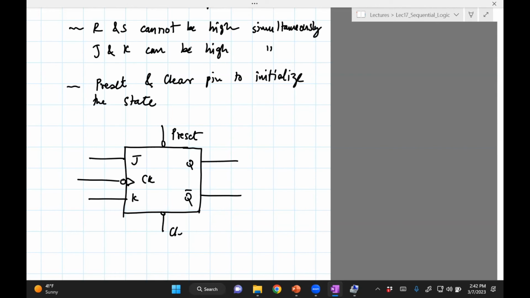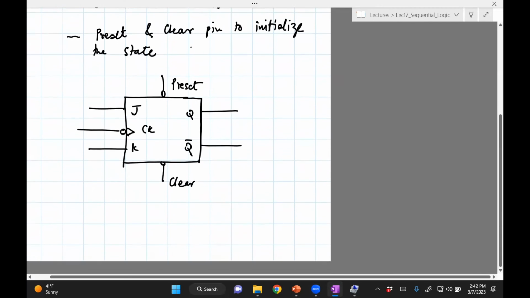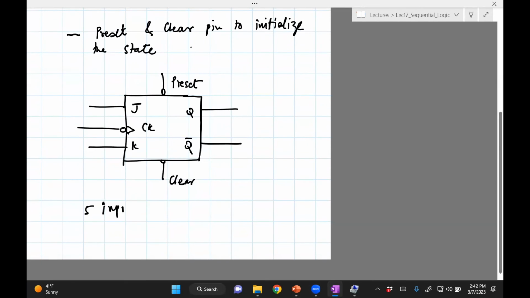So you can see 1, 2, 3, 4, 5 inputs, 2 outputs. Q, Q bar, J, K, CK, preset, clear, here. Okay, now let's get to the truth table.